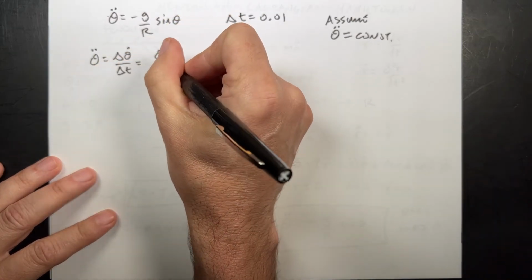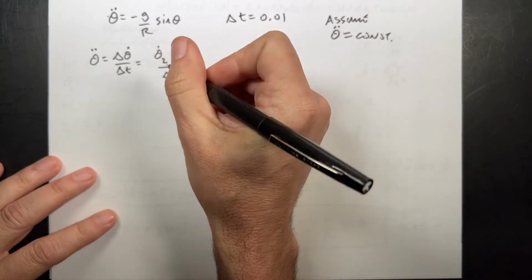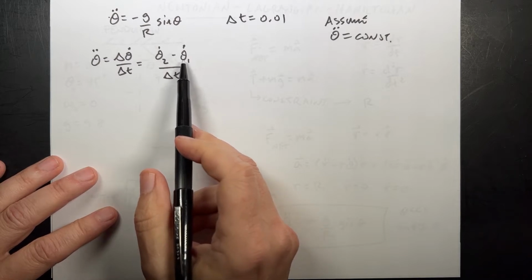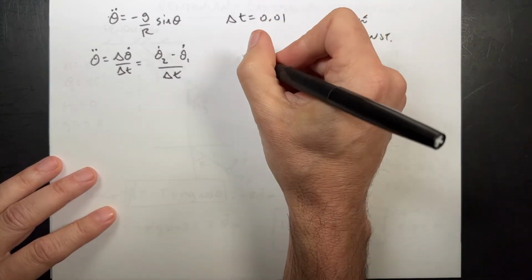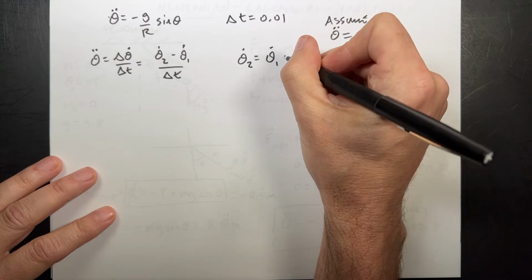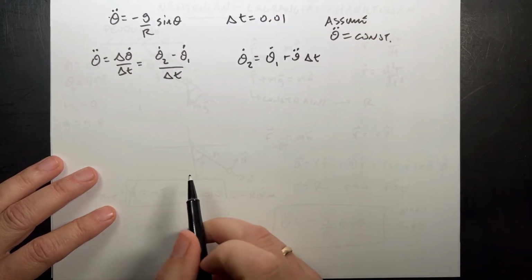I can write that as theta 2 dot minus theta 1 dot over delta t. So theta 1 dot is the theta dot value at the beginning of the time interval. Theta 2 dot is at the end. So I can solve this for theta 2 dot. I get theta 2 dot is equal to theta 1 dot plus theta double dot delta t. Kind of a big deal.